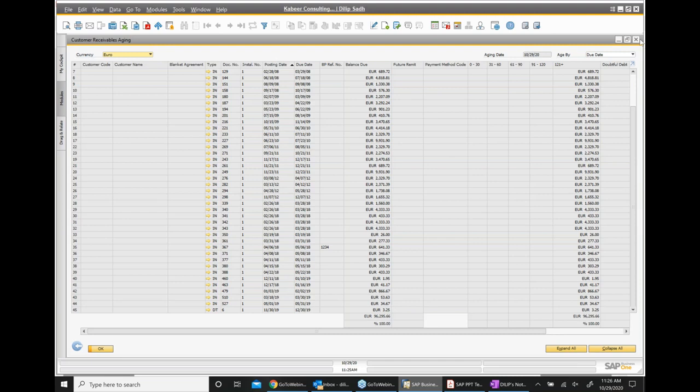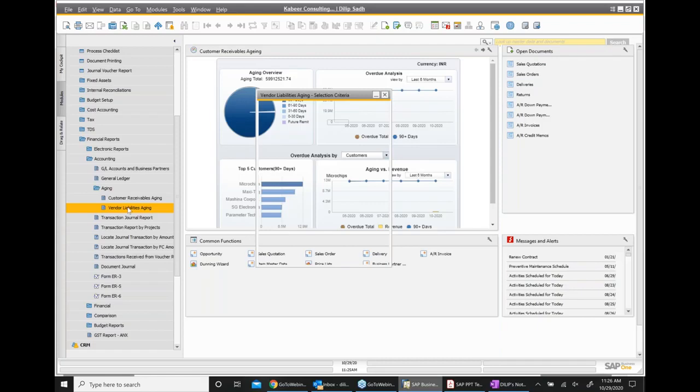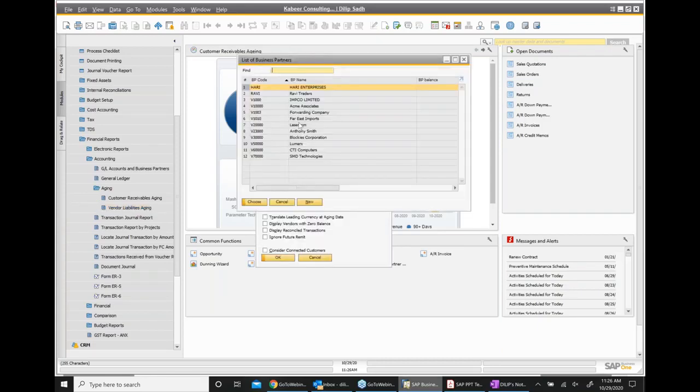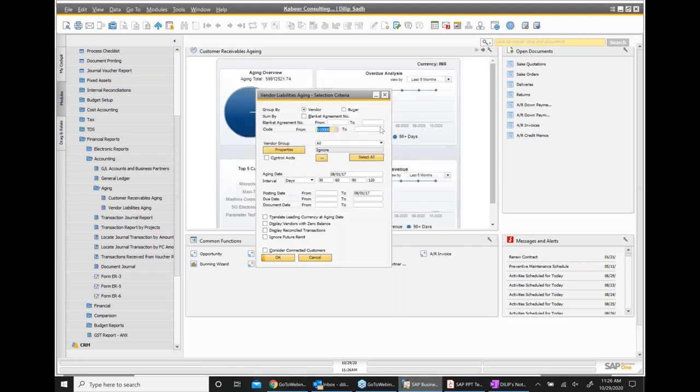So here also we can choose the vendor we want. We can enter the vendor. We can choose any vendor. Like these are all different vendors which we have. And say for Acme Associates, what is going on? So we select Acme Associates. This is my vendor. Do I want to select my blanket agreement? Do I want all vendor groups?